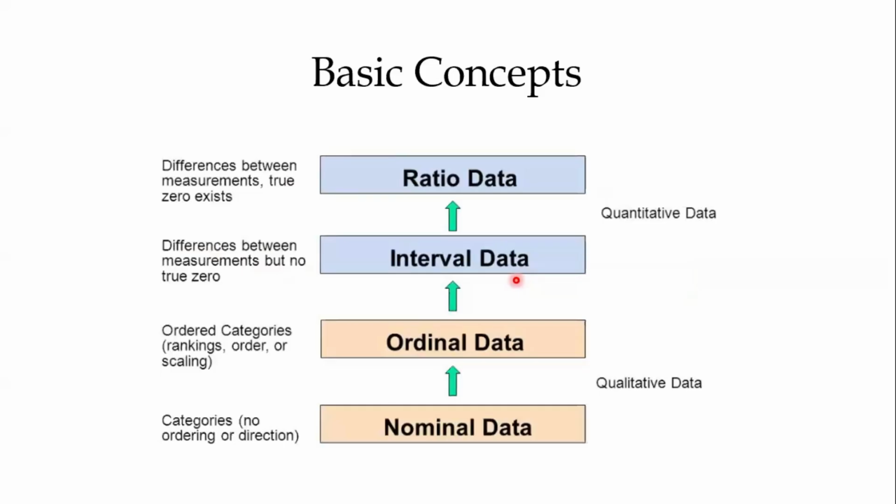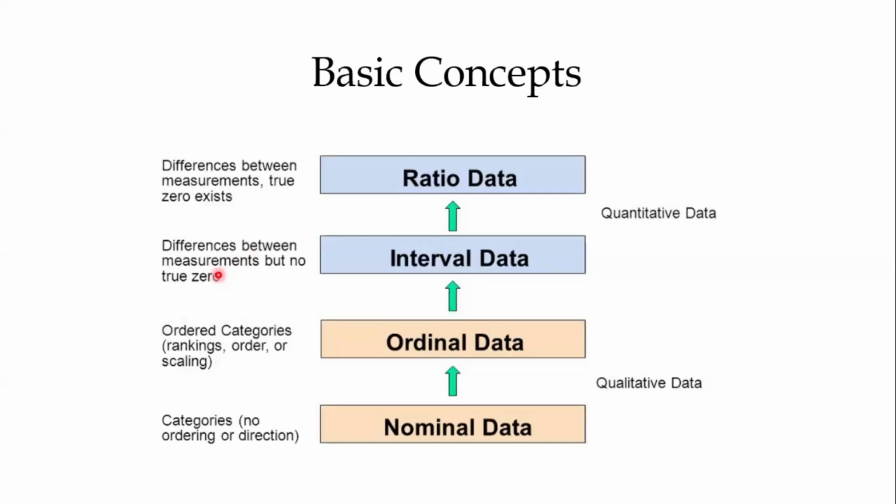Let's look at another simpler way of putting it in terms of data complexity. You can start with the most basic, which is nominal: categories with no order or direction of any kind. Ordinal means there are categories that can be ranked. For example, we said pain severity, right? Then under continuous data, the differences between the measurements exist, right?